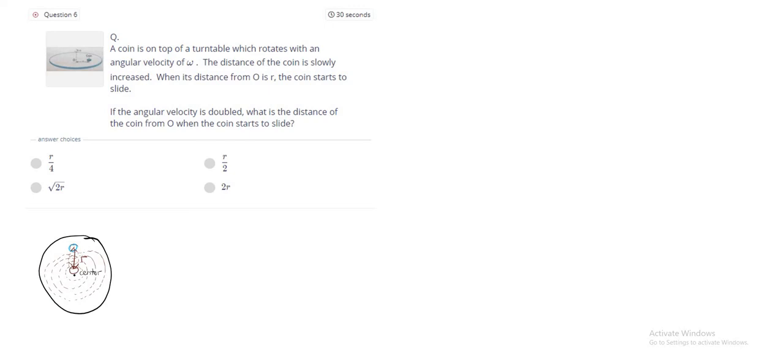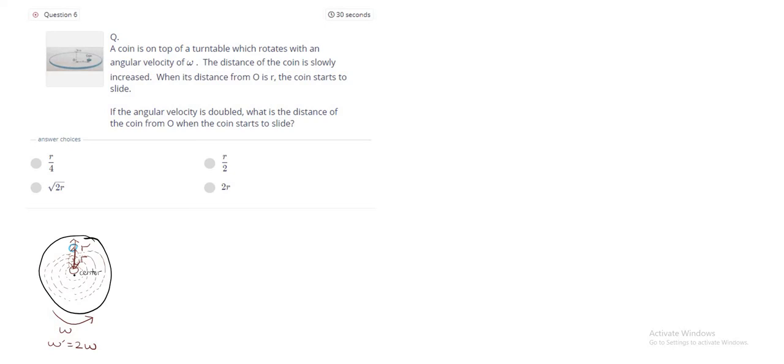Previously it was omega. Now the new angular velocity, omega prime, is equal to 2 times the old omega. So what will be the new distance r prime for the coin to slide? This is what the question is asking for.